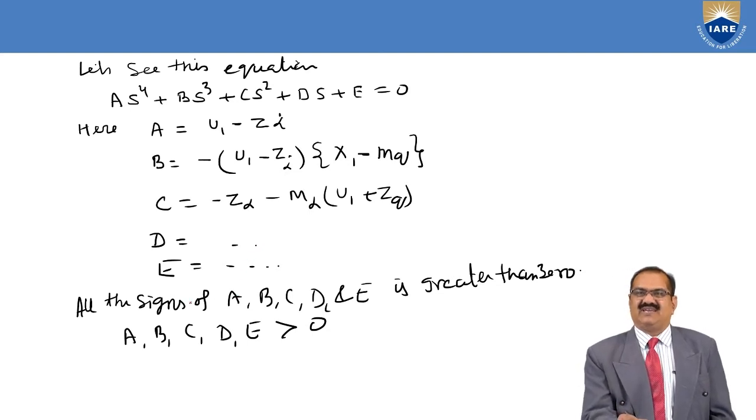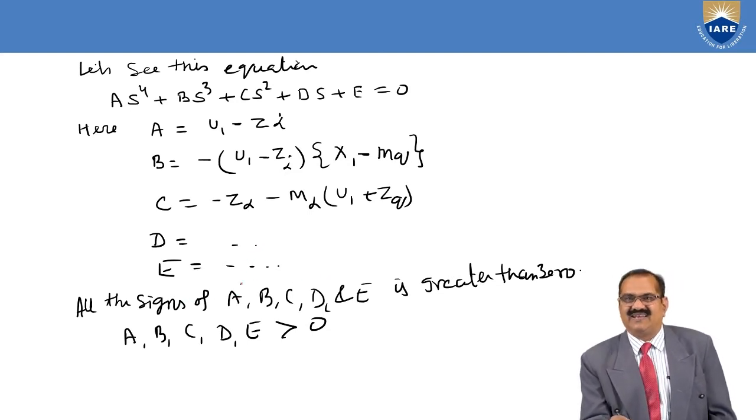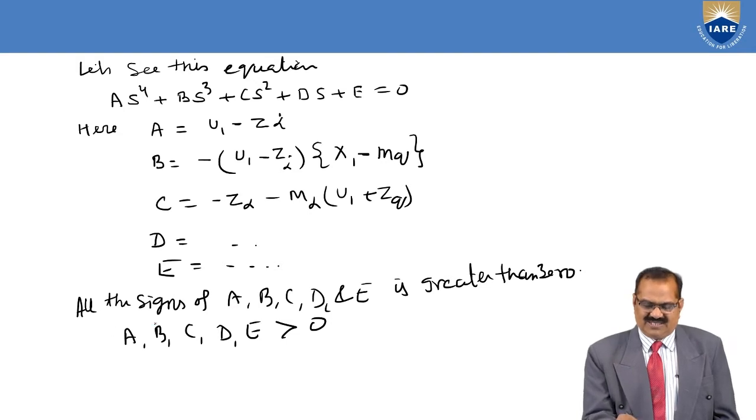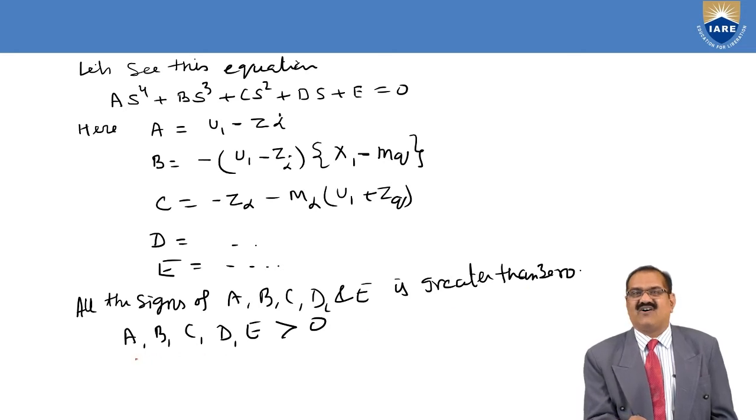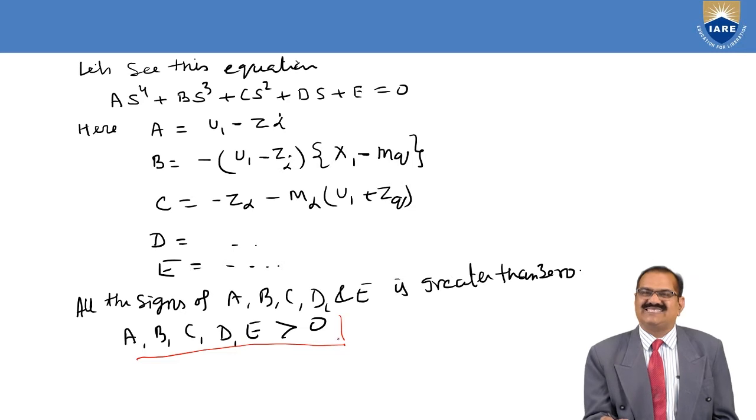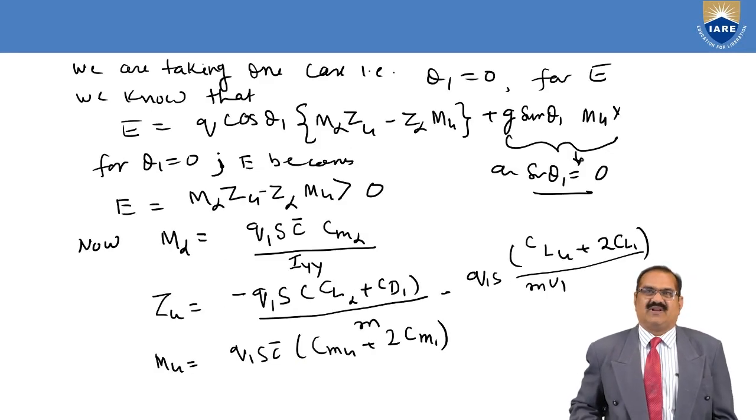Here we can see that A, B, C, D and E must all be greater than 0. This is the condition for the Routh criterion. If it is like this, then we can say that the system is stable.